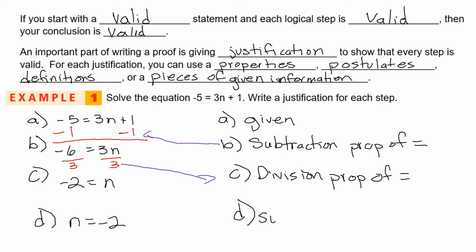And it's the symmetric property of equality. So again, you only need to do that step when you have an extra line on your assignment.